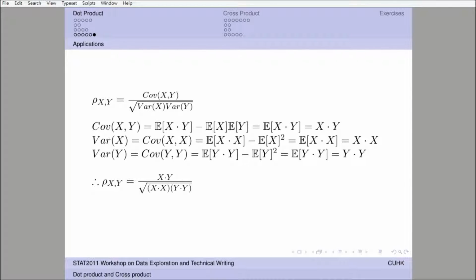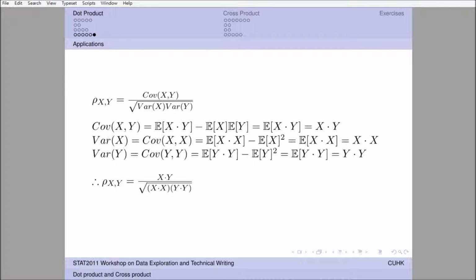As covariance of x and y equals expectation of xy minus expectation of x times expectation of y, which is x dot y. Variance of x can be written as covariance of x and x, which is expectation of x times x minus the square of expectation of x, which equals x dot x.